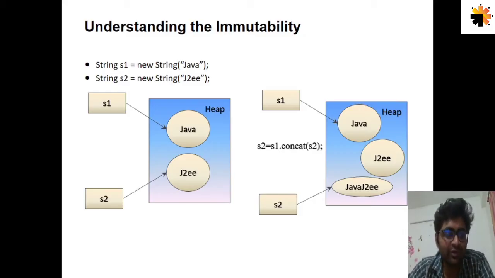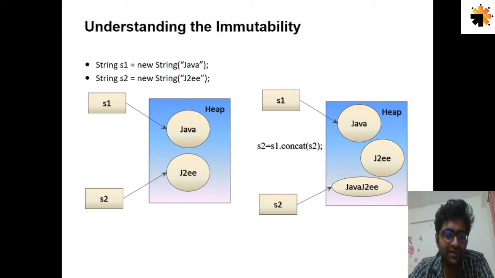So s2 is pointing to heap memory. Now I'm performing a concatenation of s2 and s1, so s1 dot concat of s2. What is concat over here? Concatenation is nothing but appending two strings. Concat is an inbuilt method which is already available in the Java String class, so I can use that for concatenating, appending two strings. So s1 dot concat of s2.